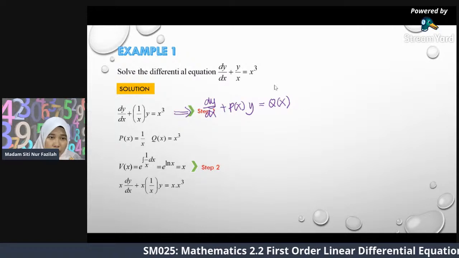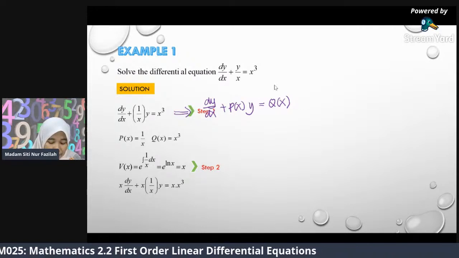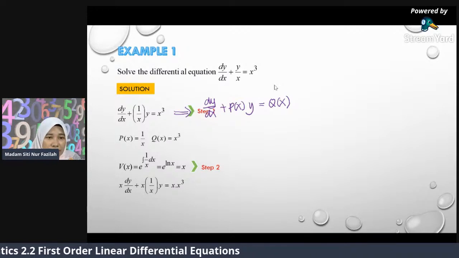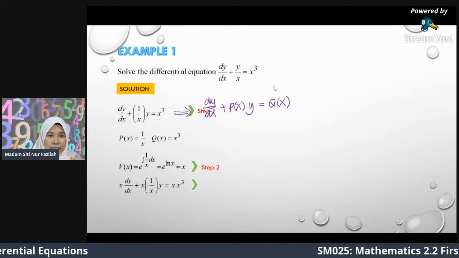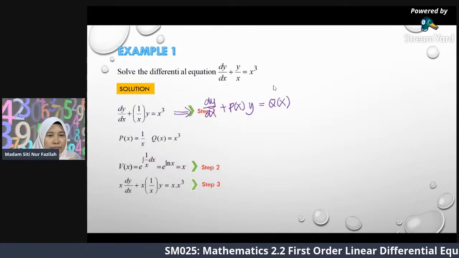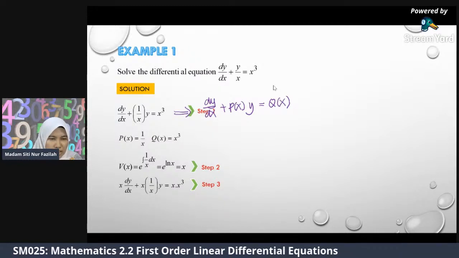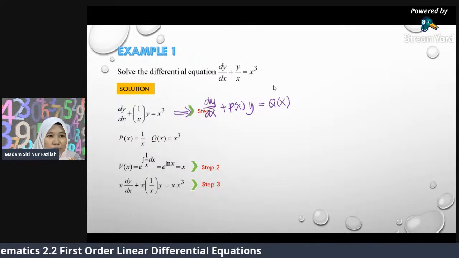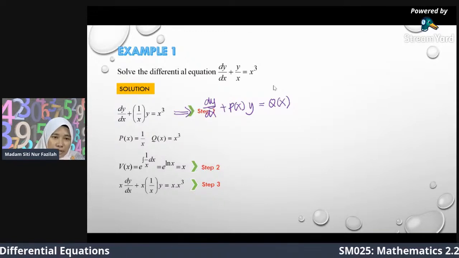That's why we multiply the DE in step 1 with V(x). This is step 3. For step 4, we need to rewrite d over dx of V(x)y.